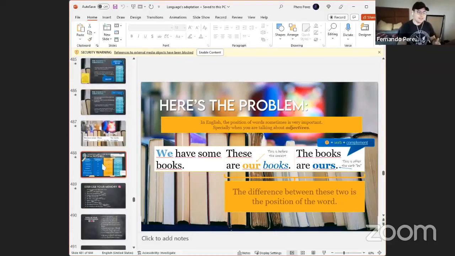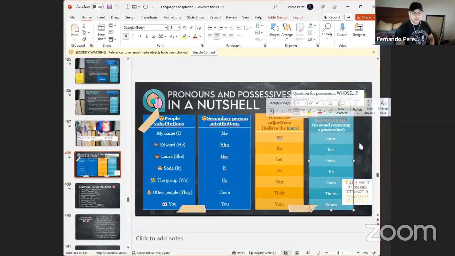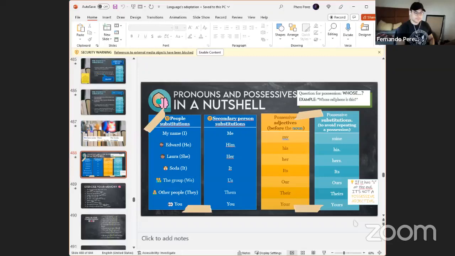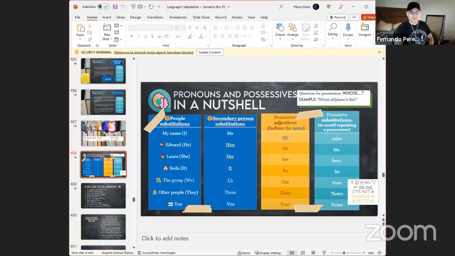If you want to know the difference between this and this, you need to know the application. One is an adjective and the other is a substitution. You see what I mean? If you don't understand, make a question. That's much more important.